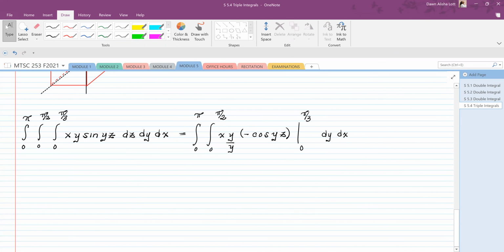Okay. So when I do that, I get negative the integral from 0 to pi, the integral from 0 to pi over 2. And then the y's are gone. Don't have to worry about them. So I have the cosine of pi over 3 times y.